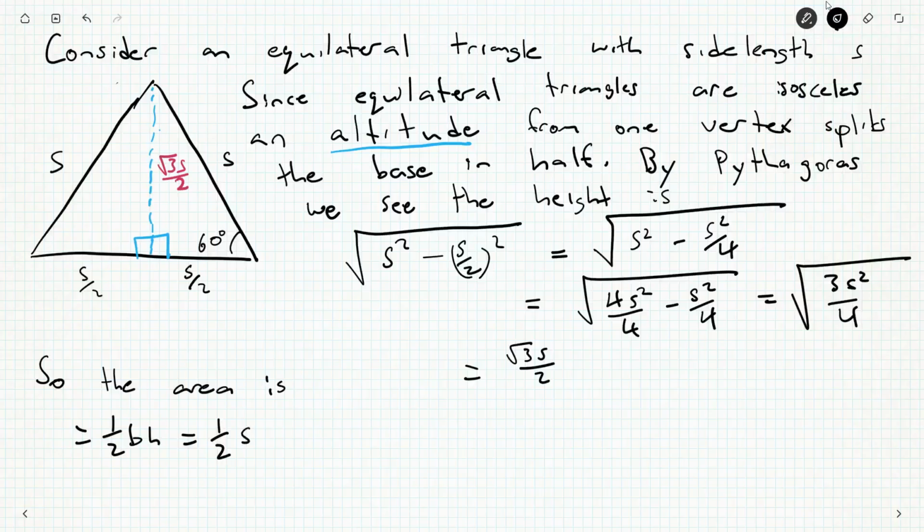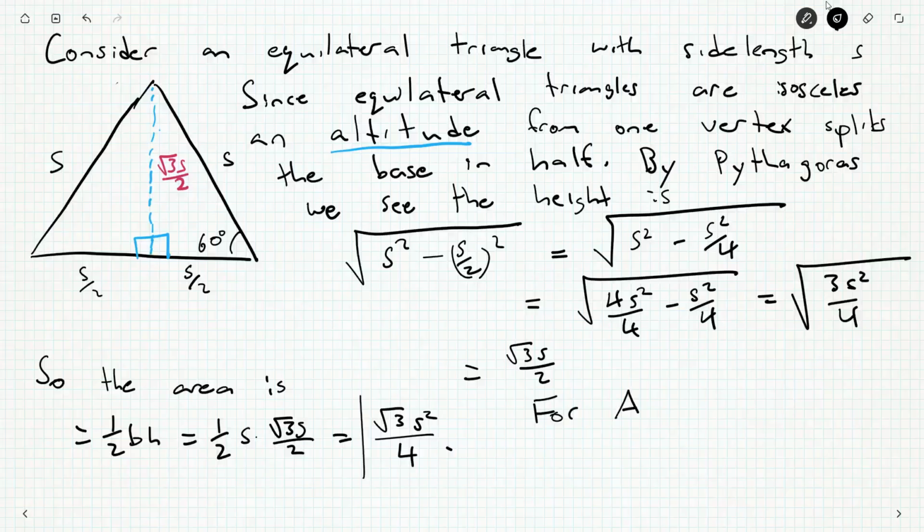We know the base is S, and we know the height is root 3 S over 2. So we get root 3 S squared over 4. Now this is a nice general formula for the area of an equilateral triangle just in terms of its side length. So for ABC, S is 4.